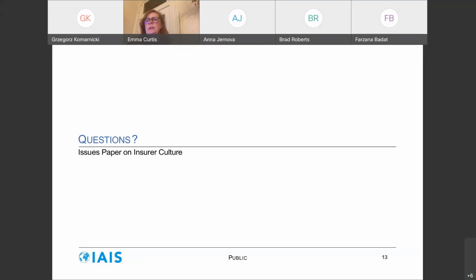But I'm not sure that we're ready to nail that issue particularly, as this is an exploratory piece and it could lead on to some further work in some of these areas.